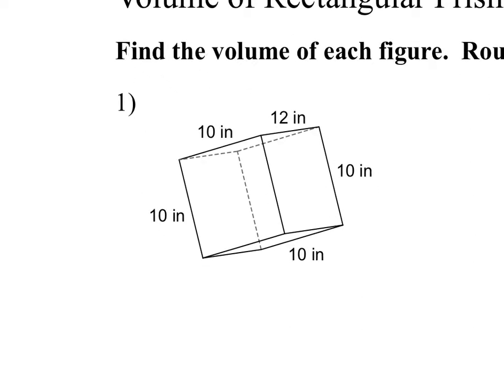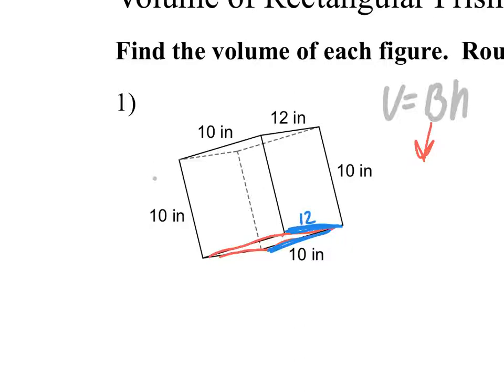For these, it doesn't really matter what you call the base. Just pick one side and go with it. So again, we're going to be doing volume equals area of the base times the height. For our base, I'm going to be looking at this rectangle down here. I know it's very difficult to see on this one, but for that area of the base, we're going to use this length, which is 10, and this other measurement right here is going to be 12.